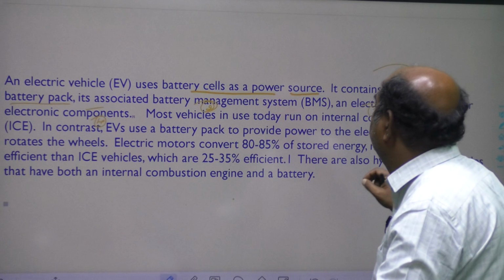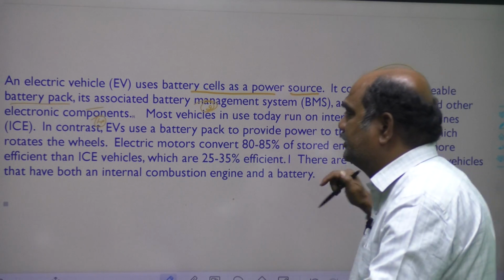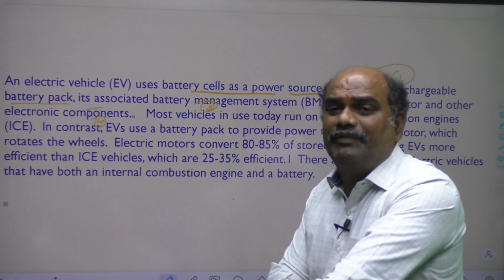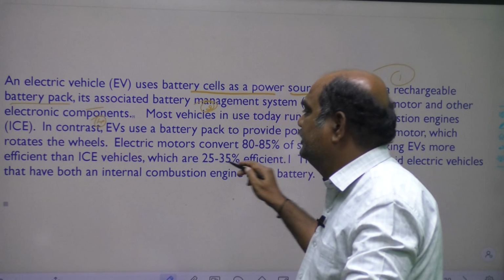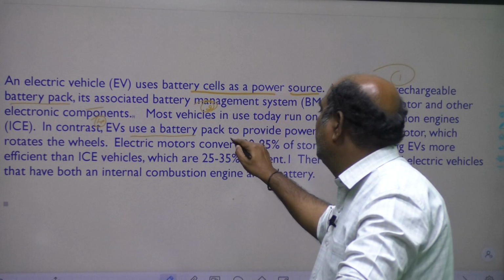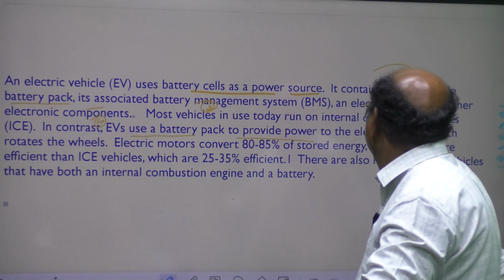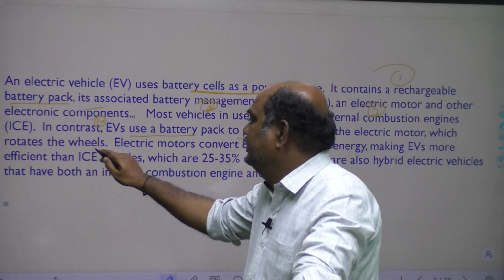Most vehicles in use today run on internal combustion engines. Regular petrol or diesel vehicles can be considered internal combustion engines. In contrast, EVs use a battery pack to provide power to the electric motor, which rotates the wheels.